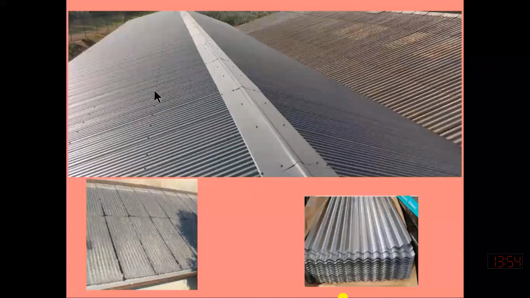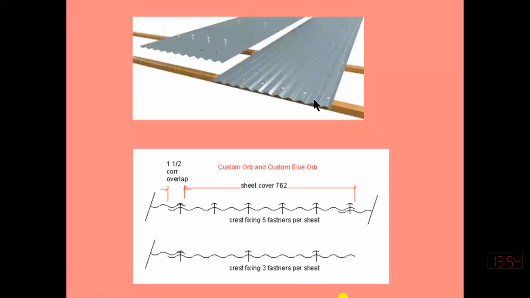We are connecting at these ends and also along the length with a fastener spacing less than or equal to 300 millimeter with the purlin. So this fastener is connecting the roof sheet with the purlin. Just like here, we are connecting both sheets at the end and also along the width direction with the fastener, and this fastener is attached to the purlin.